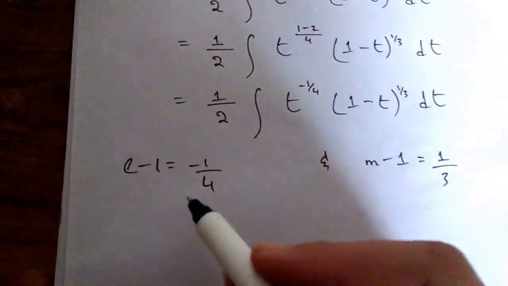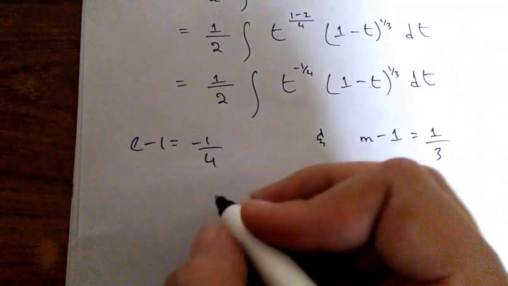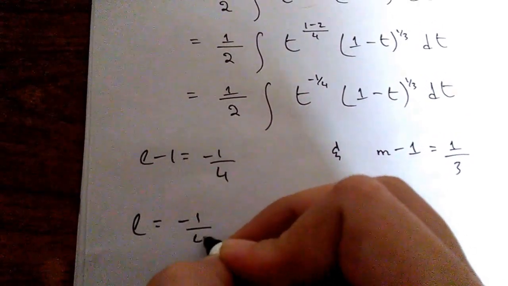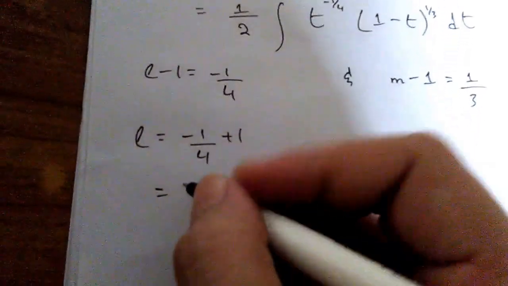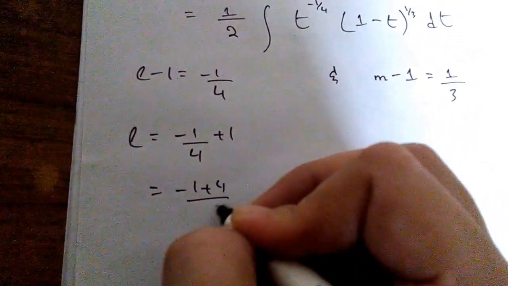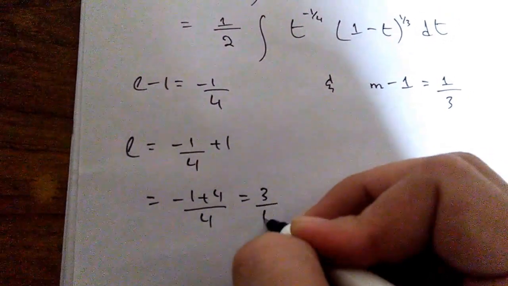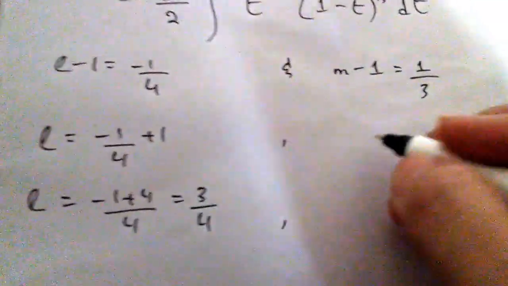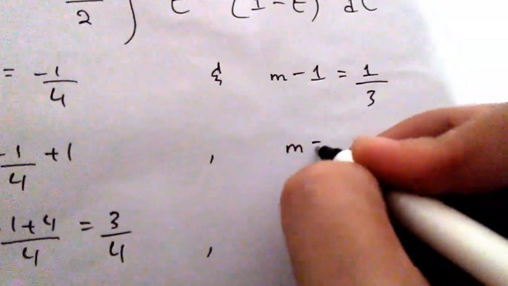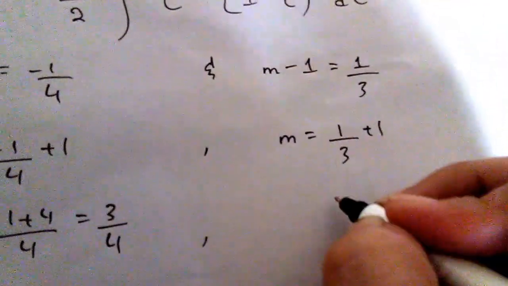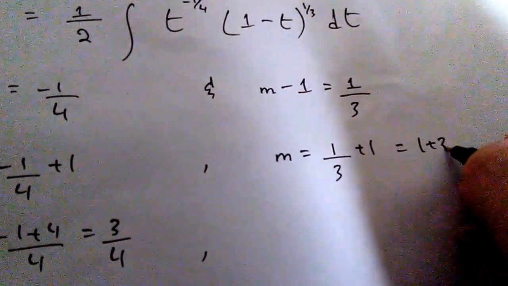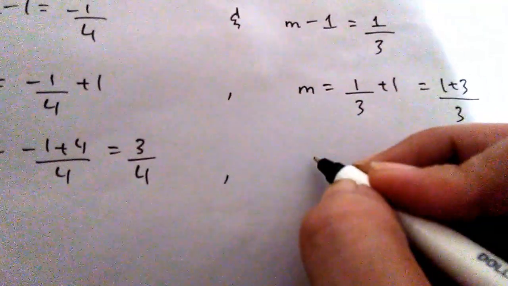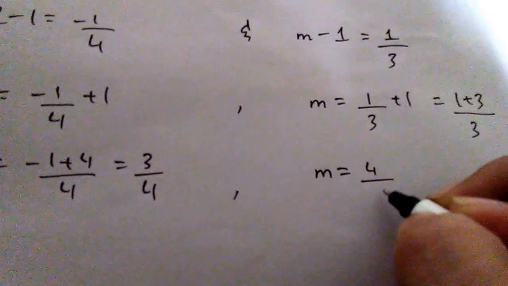And with the help of this, you can now get the value of your L and M. You just simplify this thing, and you come to know that the value of your L is 3 by 4, and similarly your M. So the value of your M is 4 by 3.